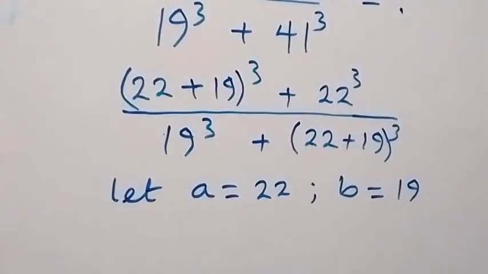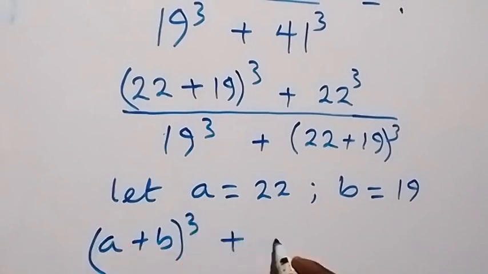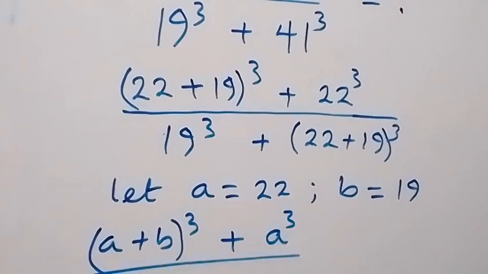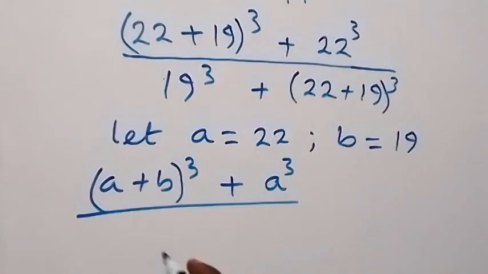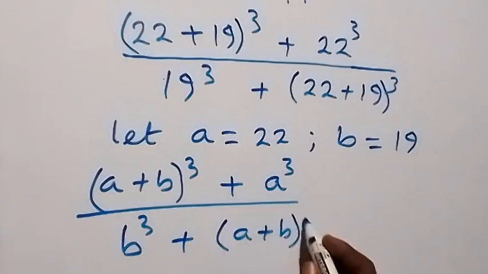Then this will become A plus B all raised to power 3, then plus A raised to power 3, now divided by B raised to power 3, then plus, also we have A plus B all raised to power 3.